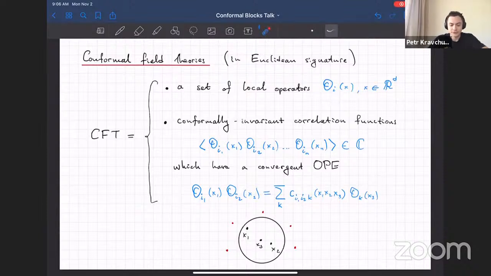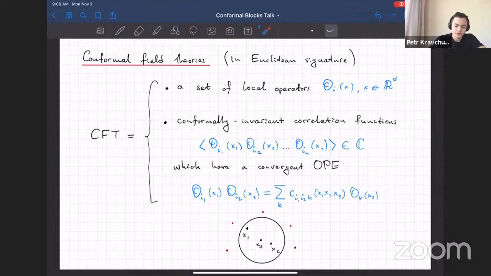And for these operators, we specify a set of correlation functions, which are expressions of this form, where we insert operators at various positions, and these correlation functions, evaluated in some particular configuration, are just complex numbers in general.